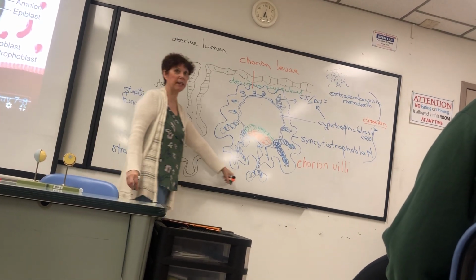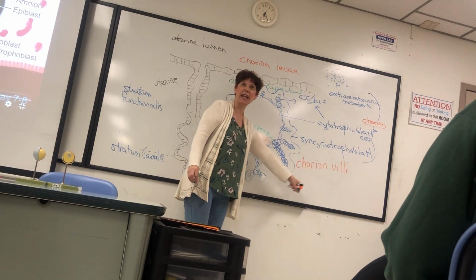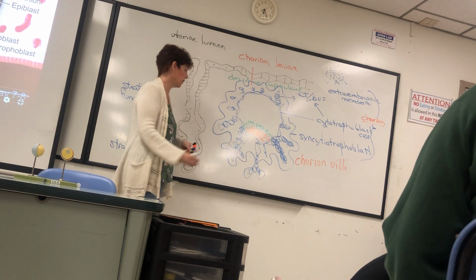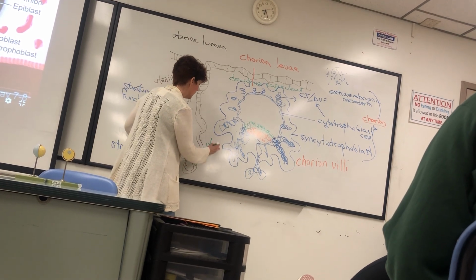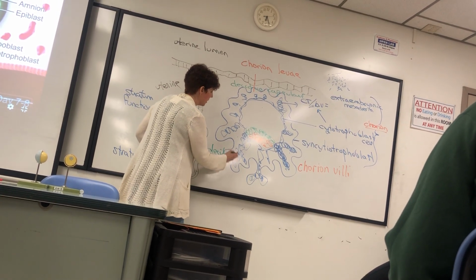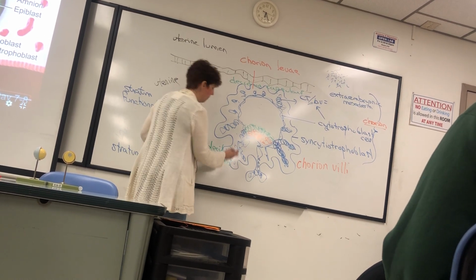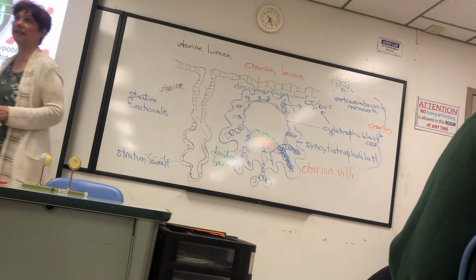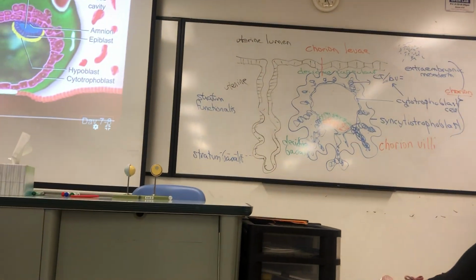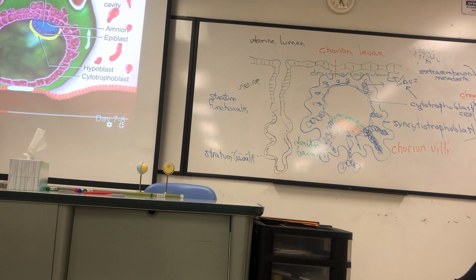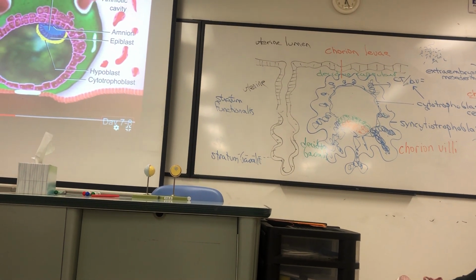The decidua down here, associated with the chorion villi, and still part of the stratum functionalis, is called the decidua, and it's a confusing term, basalis. But it's not part of the stratum basalis, okay? It's the part of the stratum functionalis associated with the chorion villi.